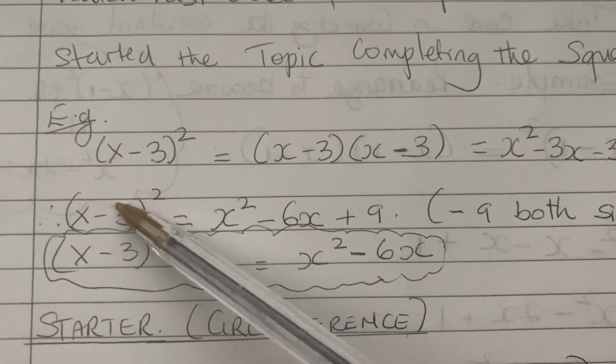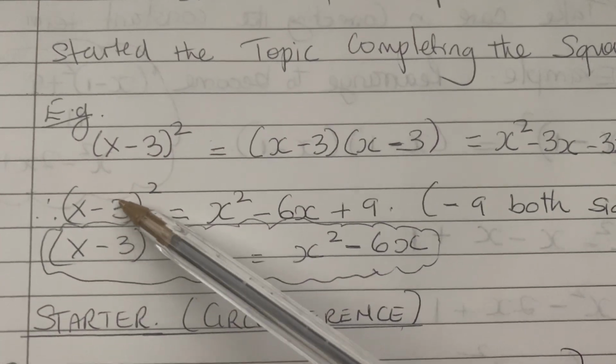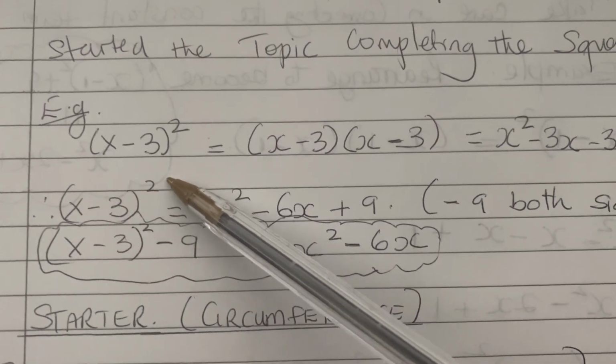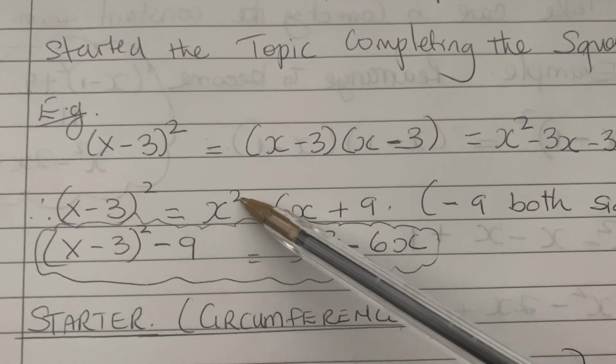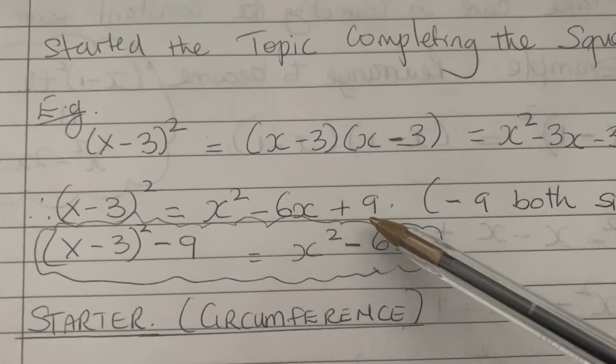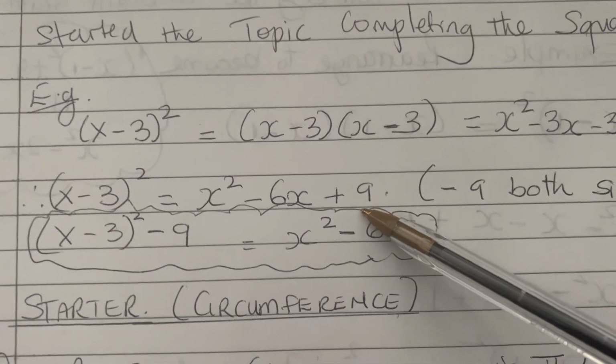So x minus 3 all squared is x squared minus 6x plus 9.